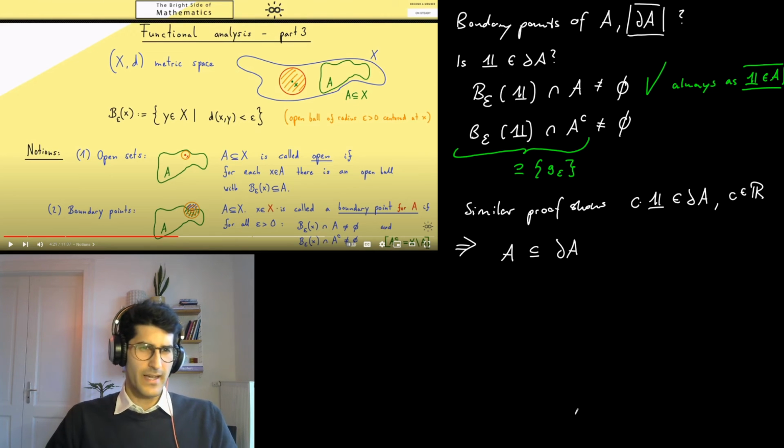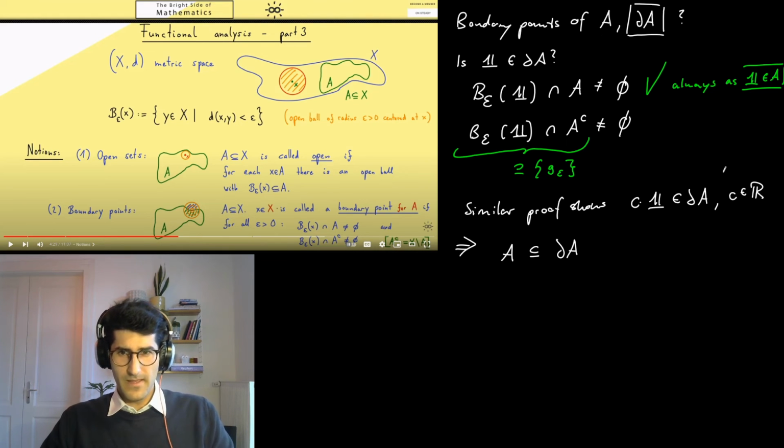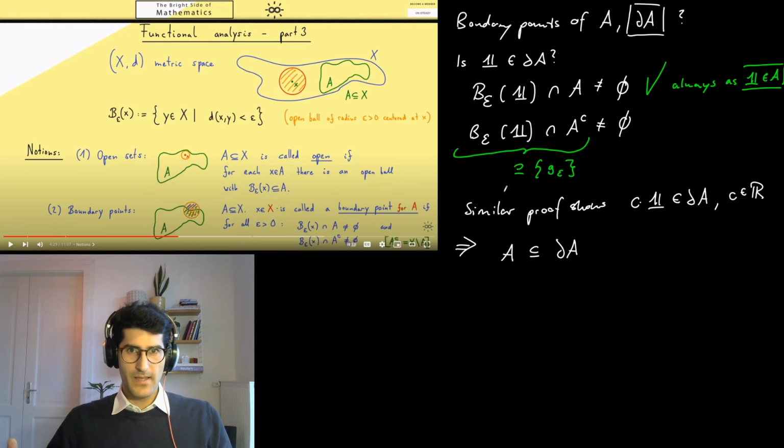Clearly, on the left-hand side, the boundary is not a subset of A. Yeah. So this just tells us the intuition that we have for two-dimensional objects or sets does not apply always in the case of function spaces. So we really have to be careful about this.